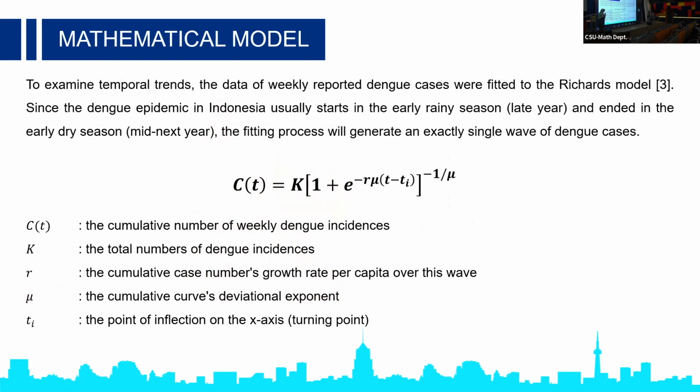R is the cumulative case growth rate per capita over this wave. Mu is the cumulative curve deviation exponent. And Ti is the point of inflection on the x-axis, or turning point. So we just use one hump of the Richards curve, and we are still developing more than one hump to capture any peak of dengue incidence.